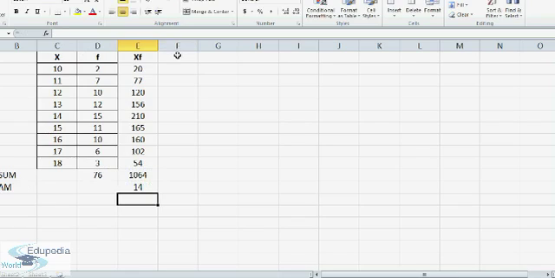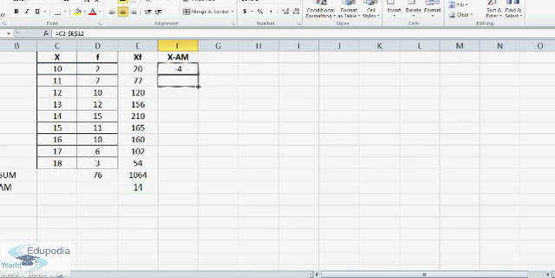So the arithmetic mean is 14. Next I need to take the deviation from the actual mean, which would be x minus the arithmetic mean. This is 10 minus the arithmetic mean, here 14. So it's minus 4.